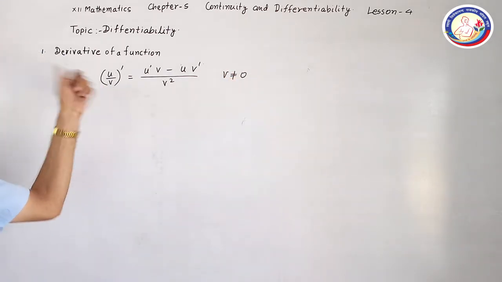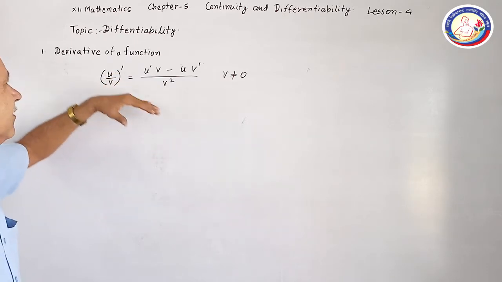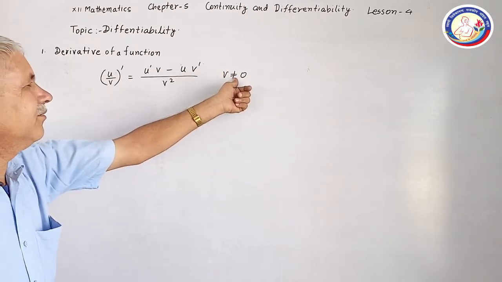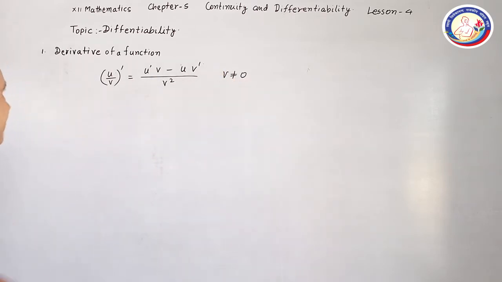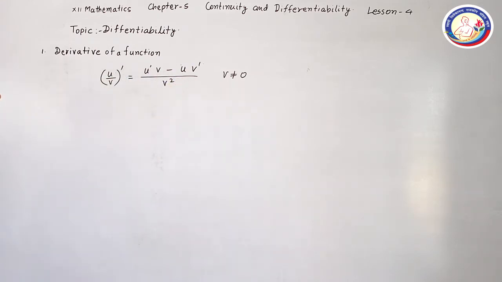Because if v is 0, then this is meaningless, or it will not be in a form which is differentiable. So this is our quotient rule.